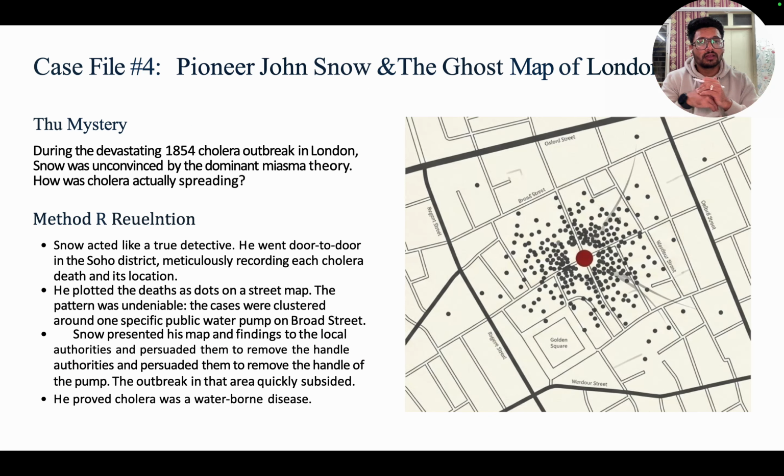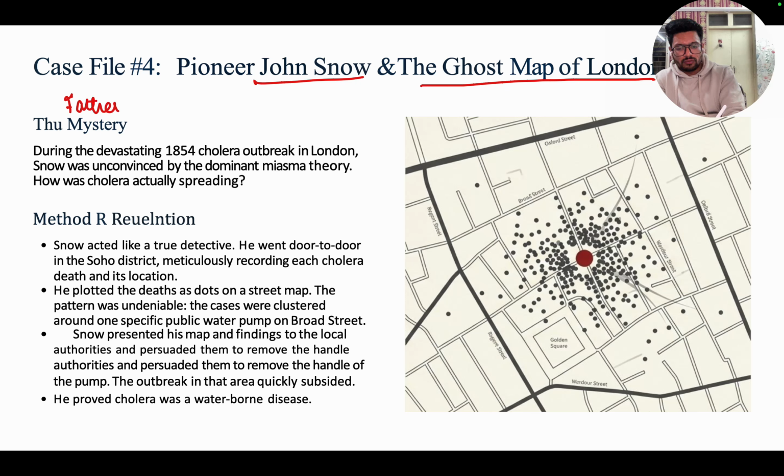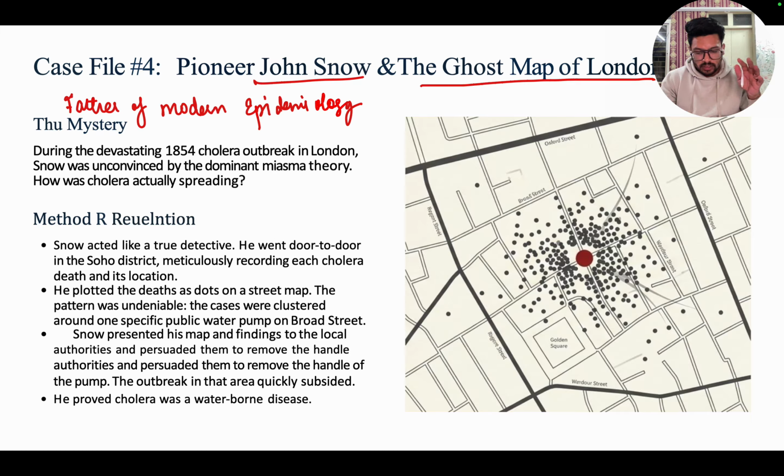The next one, we all know about him, John Snow, and the ghost map of London in 1854. John Snow is also known as the father of modern epidemiology. He discovered the mode of transmission of cholera, and this discovery was a result of a natural experiment.